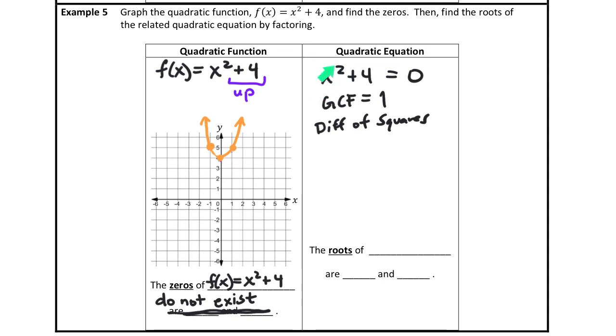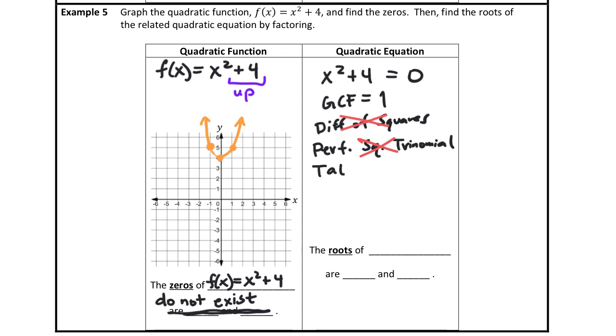I can square root x squared, I can square root 4, but is there subtraction? No. Is this a perfect square trinomial? Well, does it even have 3 terms? It's not even a trinomial, right? So no to that one.